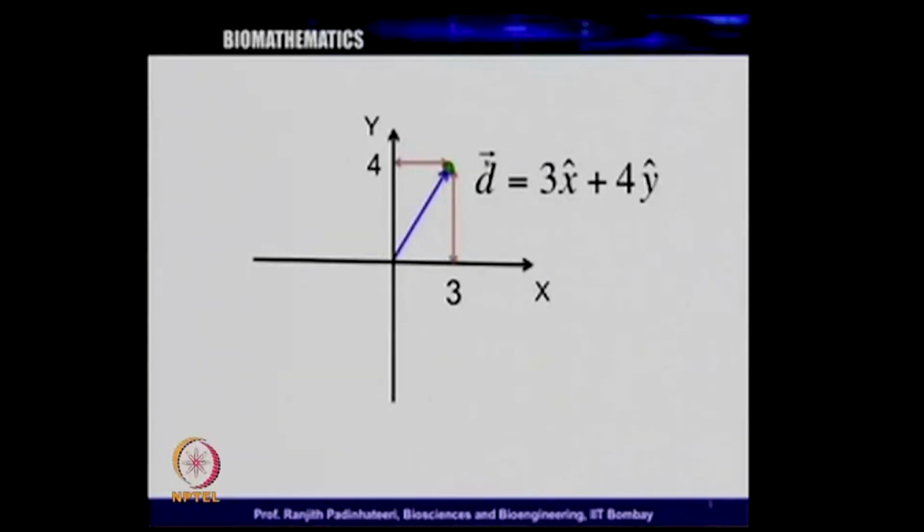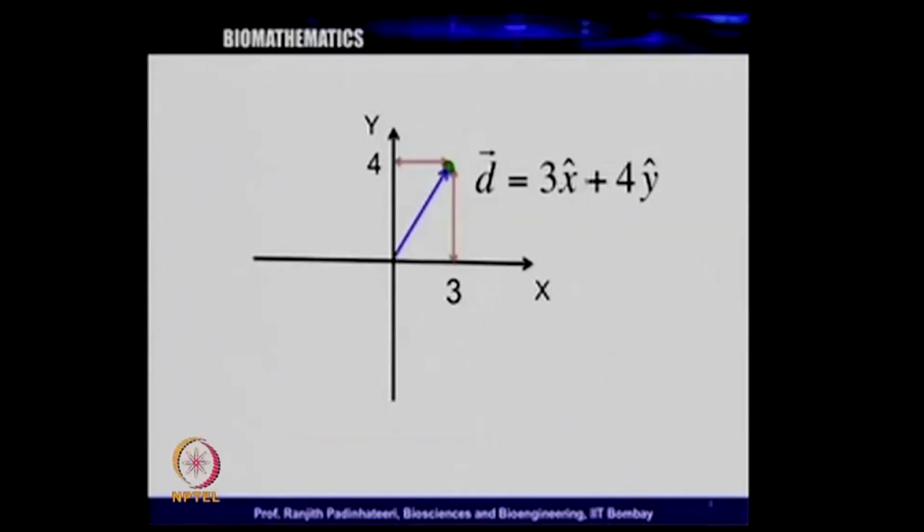That is represented as d equals 3 along the x-axis, that is 3x, where x is the direction you go along. Let us say these are meters. If you go 3 meters along the x-axis and 4 meters along the y-axis, you will reach this point. So the position vector d is nothing but 3x plus 4y.